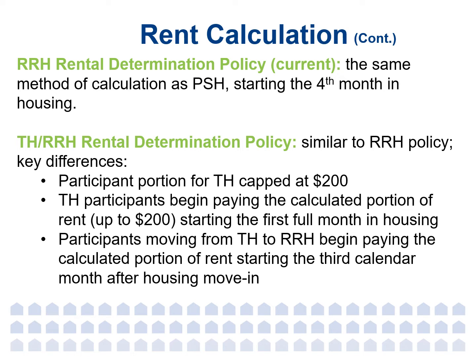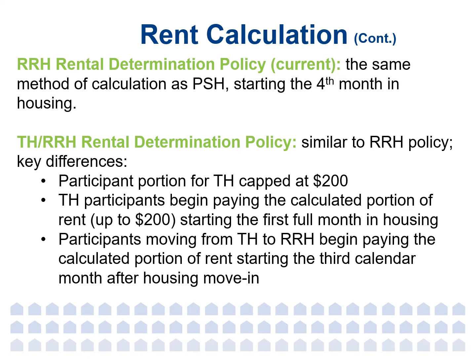Projects were allowed to determine whether participants already enrolled in the program would transition to this method or continue to have their rent determined by the previous declining subsidy policy. Two revisions to the policy have been approved by the Homeless Clearinghouse since then, which, among other changes, required projects to apply this method to all participants, regardless of their intake date.